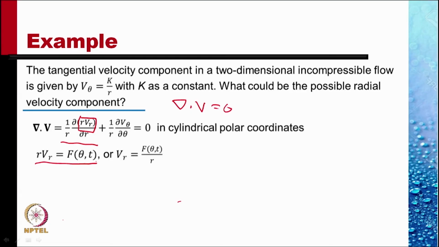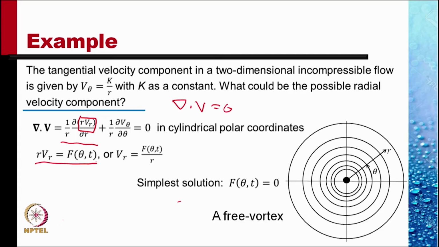Vr varies inversely as 1 over r. There could be dependence on theta and dependence on time. If we talk of steady flow, there will be no dependence on time, so there could be a dependence on theta. All kinds of solutions are possible for this. The simplest, of course, is when f of theta and t is 0.